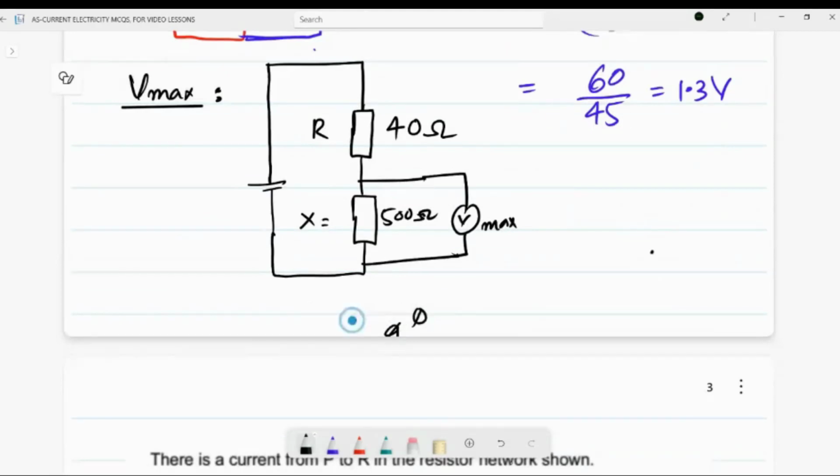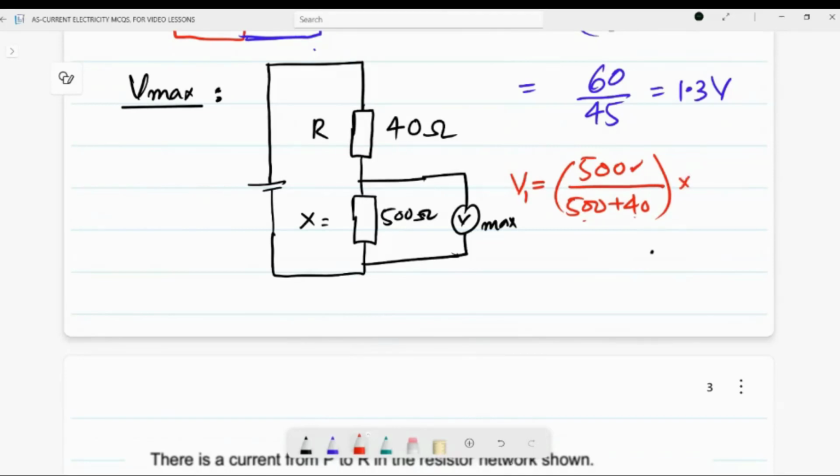Now you have to use this 500 as R1 divided by 500 plus 40. This is your formula, as I told you: V1 equals R1 divided by R1 plus R2 times total V, and the total V is your 12 volt.